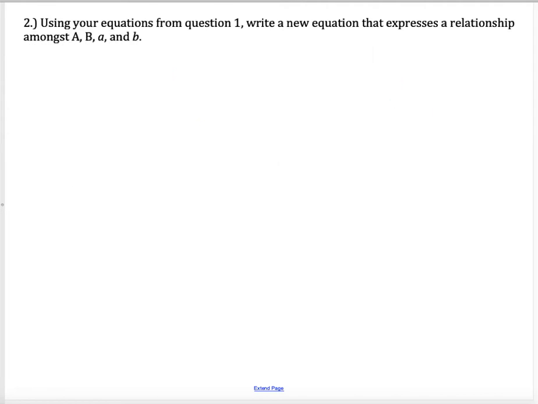So let's write that. B times the sine of A will always equal the side length of A times the sine of B. I really want you to think about where those parts are on the triangle. The little side length of B times the sine of angle A is always going to equal the side length of A times the sine of angle B.